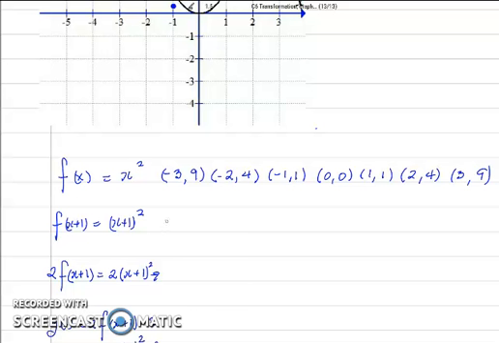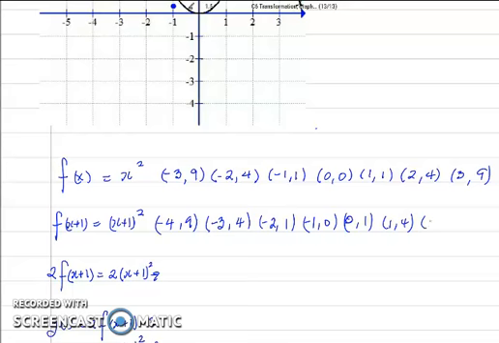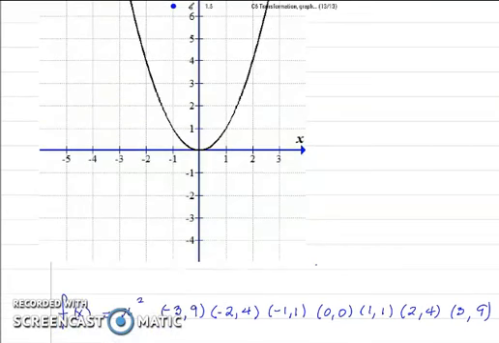So this is going to become minus 4, 9, minus 3, 4, minus 2, 1, minus 1, 0, 0, 1, 1, 4, and 2, 9. So I decrease the x-coordinate by 1 and the y coordinate remains the same.